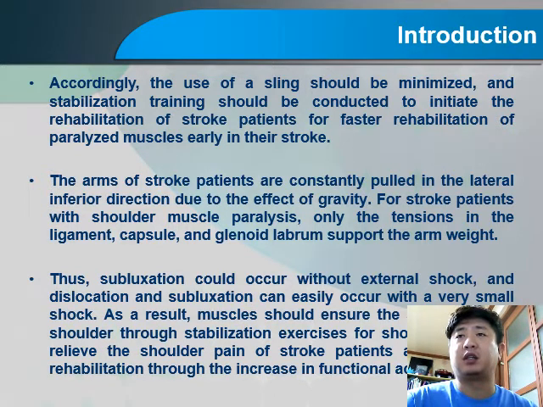Thus, subluxation could occur without external shock, and the dislocation and subluxation can easily occur with a very small shock. As a result, muscles should ensure the stability of the shoulder through stabilization exercise for shoulder joints to relieve the shoulder pain of stroke patients and accelerate rehabilitation through the increase in functional activities.